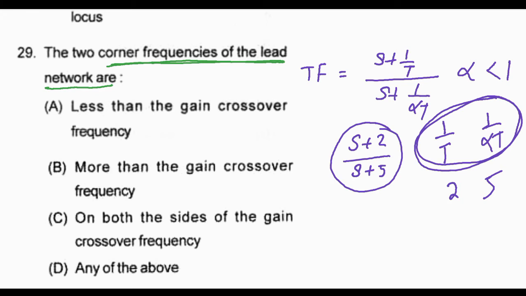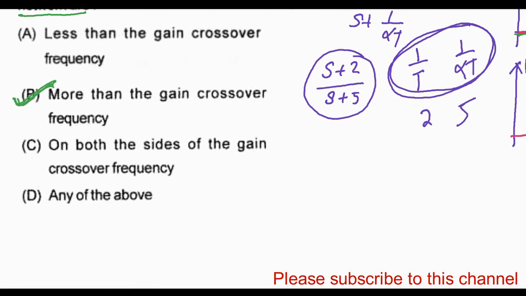So here option B we can choose that corner frequencies are always greater than that of gain crossover frequency. I am giving the extra knowledge that if we treat a system with a phase lead compensator, generally the gain margin increases.